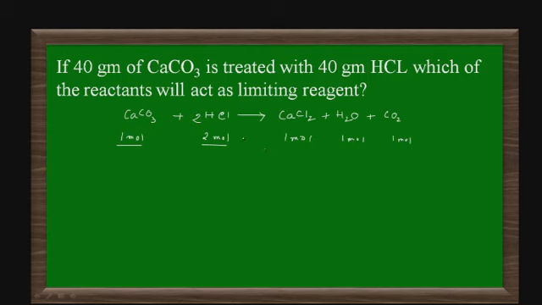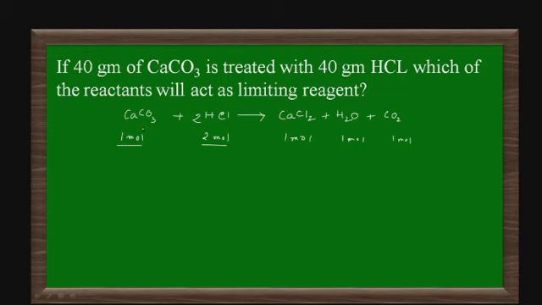Now in this question you don't need to calculate all these things, because here you just need to find out the limiting reagent. So only taking the reactants, the question can be solved.